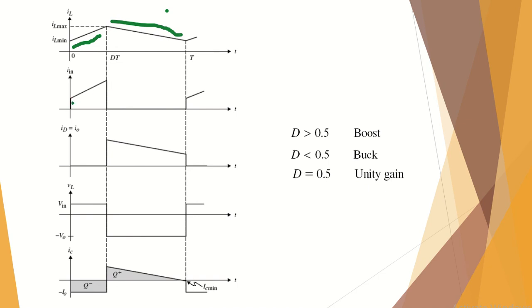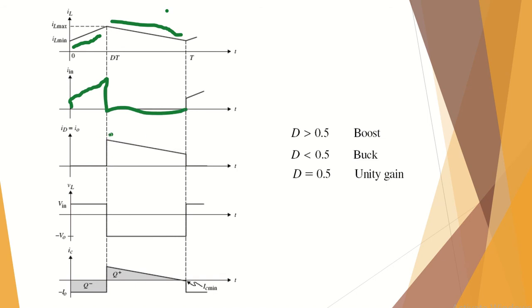In the boost converter, the input current is flowing throughout the cycle, but in the buck boost converter, the input current only flows when the switch is closed and the inductor is being charged. During the off period, our input current is 0. Then this is our diode current.